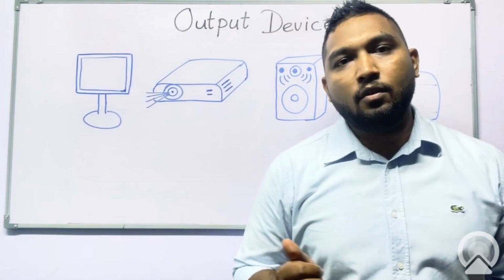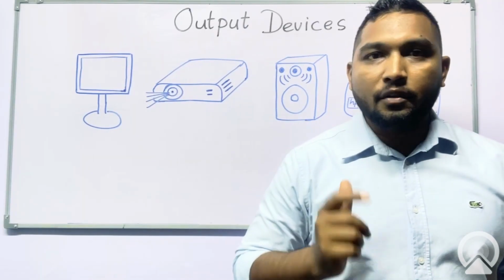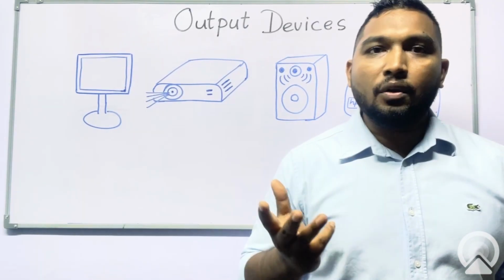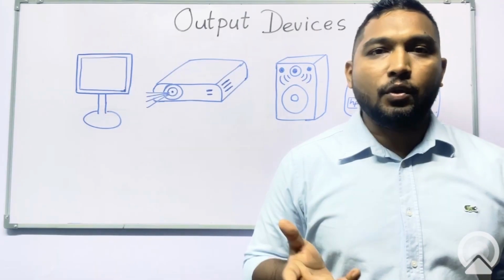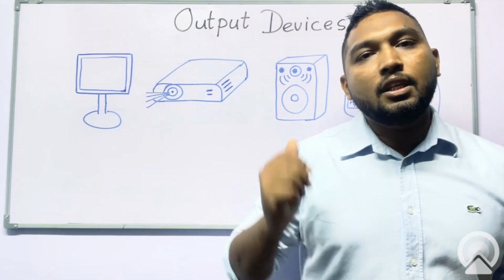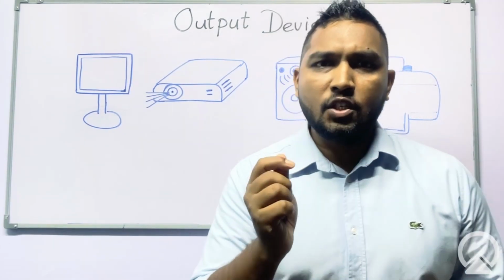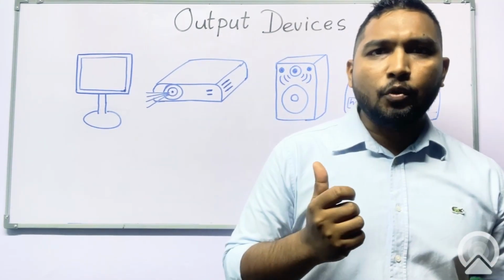Alright guys, we have drawn four output devices here. I guess you have seen at least three of these, and I'm pretty sure most of you have seen all of them. I will tell you one easy way to identify output devices.